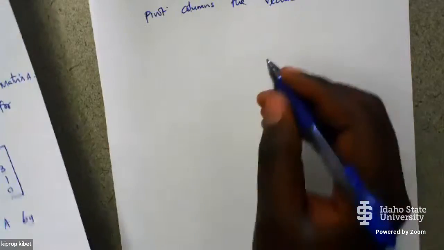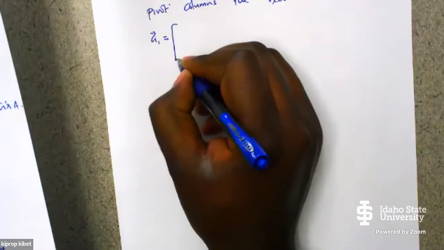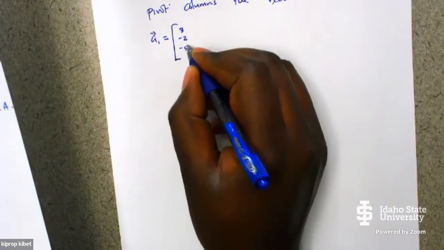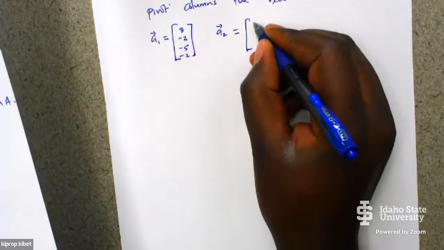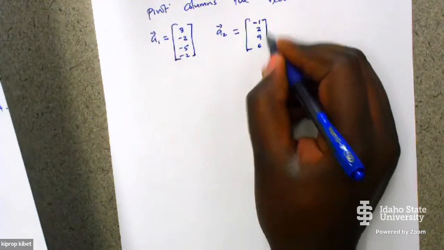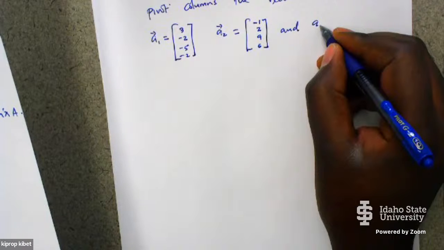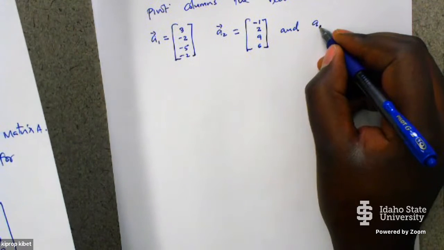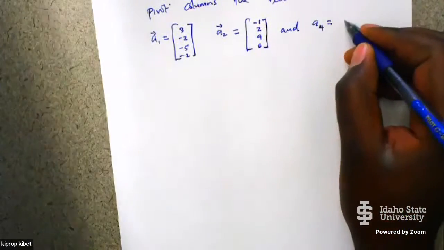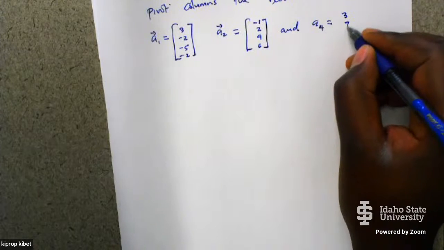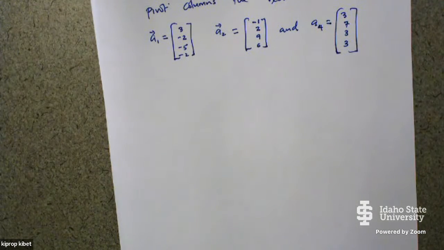Now, since those are pivot columns, the vectors A1, which equals 3, -2, -5, -2, A2, which equals -1, 2, 9, 6, and A4, which equals 3, 7, 3, 3.